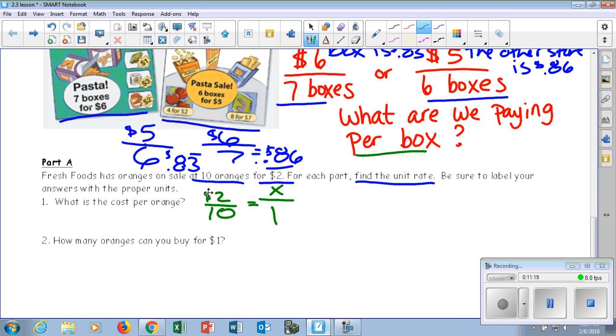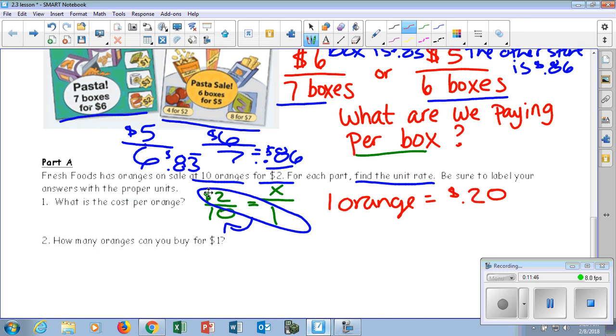So 0.2, we can do 2 divided by our 10. Or if we wanted to cross multiply this, we could do 2 times 1 and the same thing divided by our 10. So the cost of 1 orange equals 20 cents.